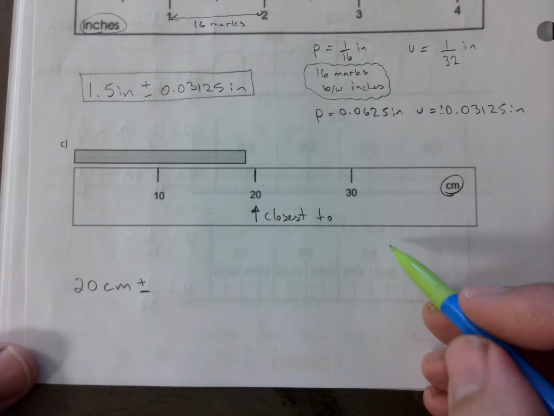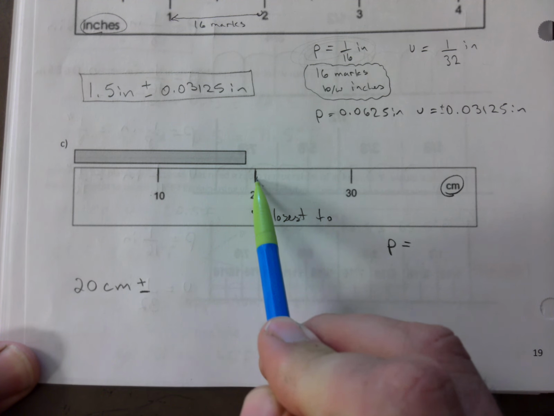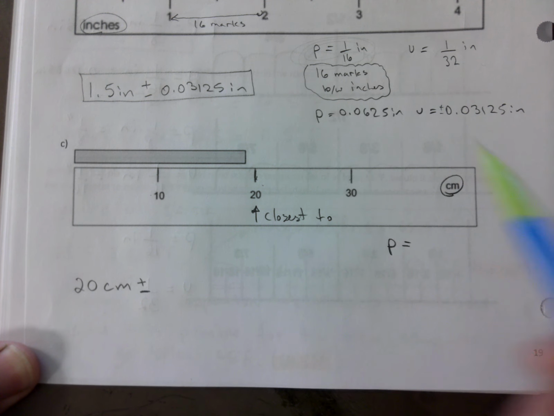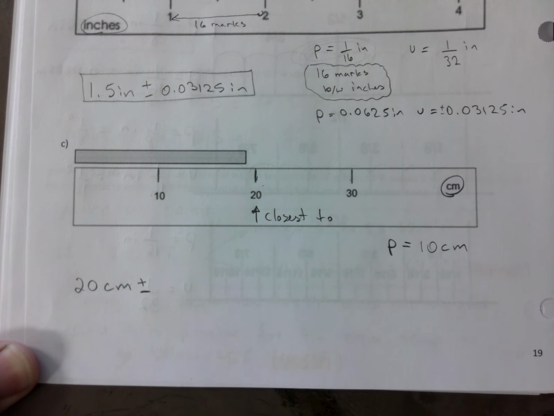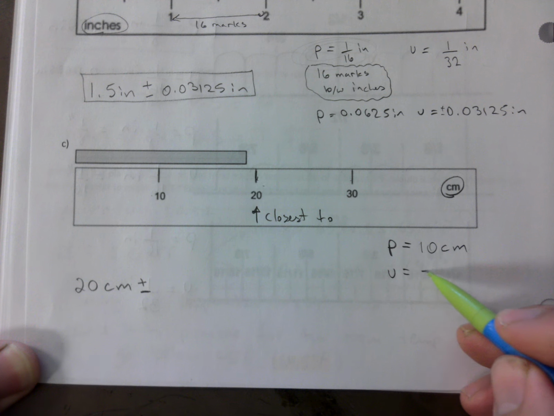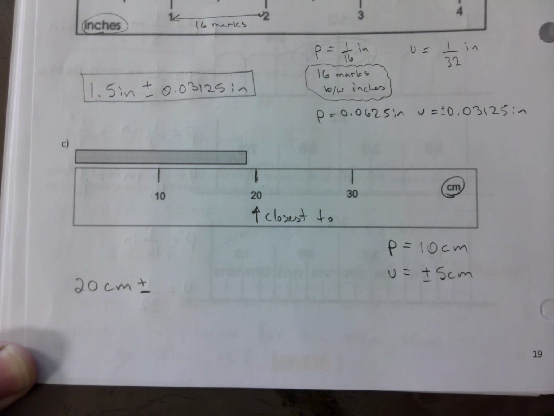Brave volunteer. Precision from marking to marking, it's 10, right? It's a weird ruler. I would never use this one, but it's just to test your understanding of the unit. My precision is 10. My uncertainty is plus or minus 5 centimeters in this case.